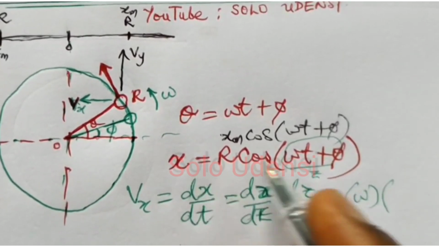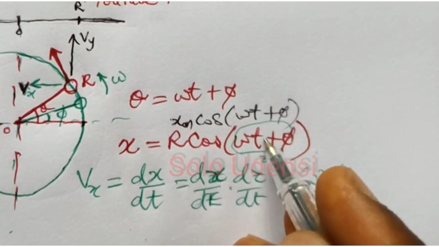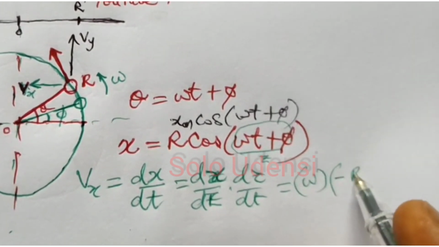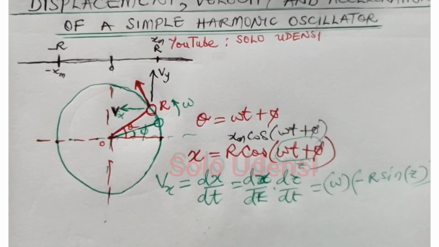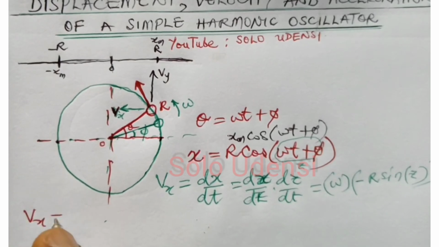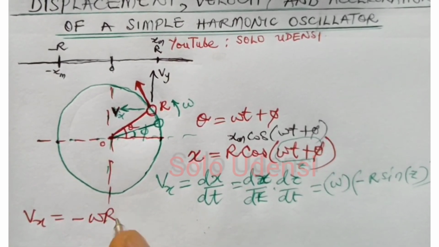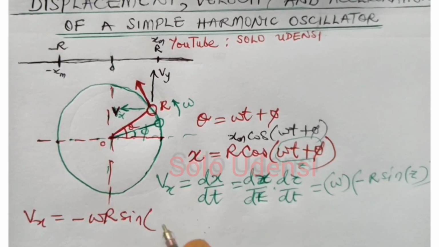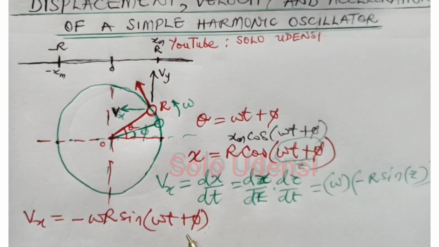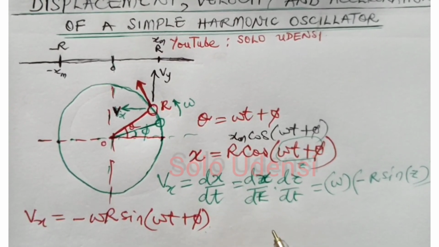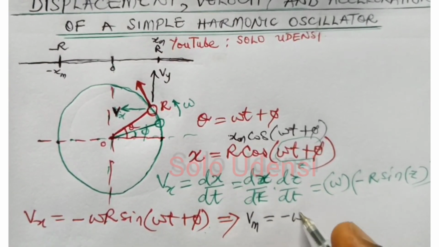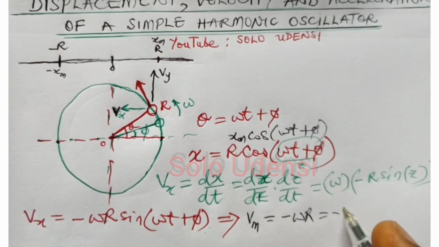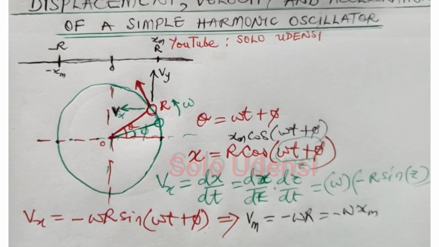If we differentiate the whole thing with respect to z, we will get minus r sine z. Our Vx is equal to minus omega r sine(omega t plus phi), because our z is omega t plus phi. So this implies that our V maximum is equal to minus omega r, or minus omega xm, depending on what you have used.